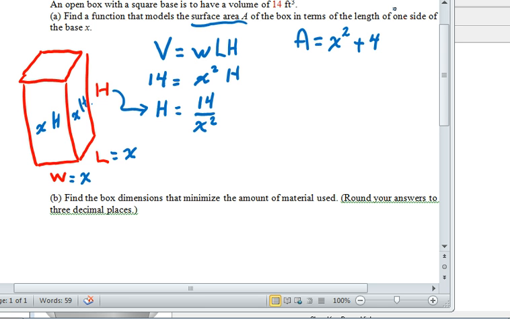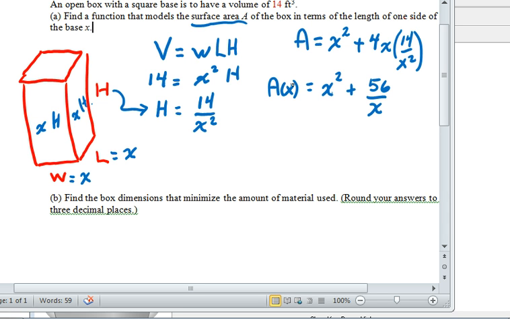Or, in this case, x times 14 over x squared. When we simplify, we get x squared plus 56 over x. So we have that the surface area is a function of the length of side of the base, which is called x.